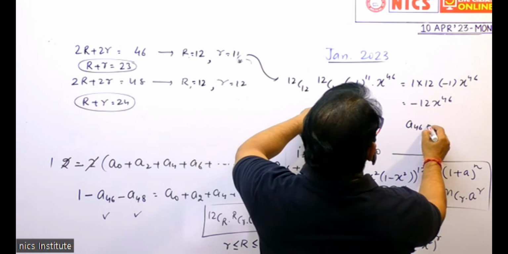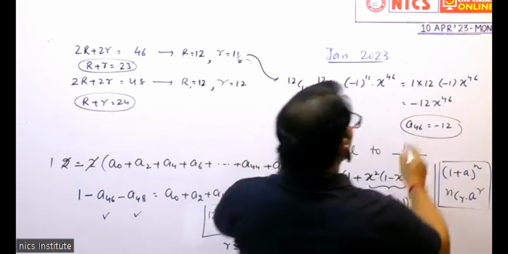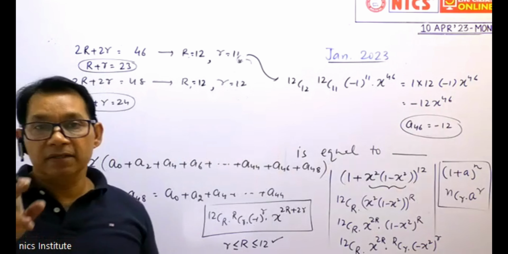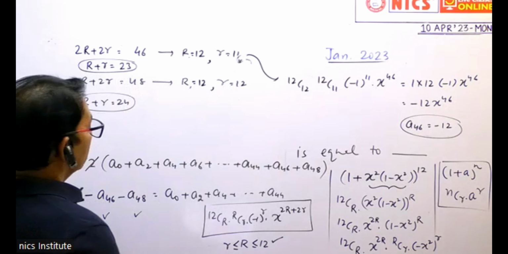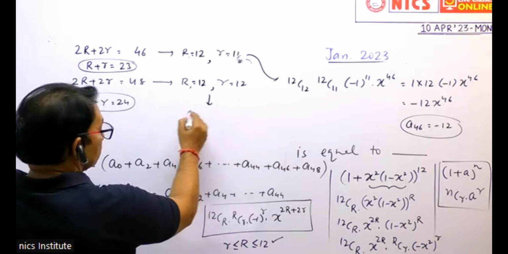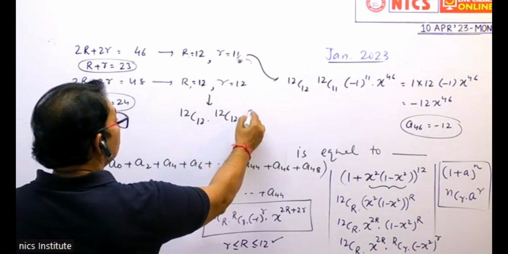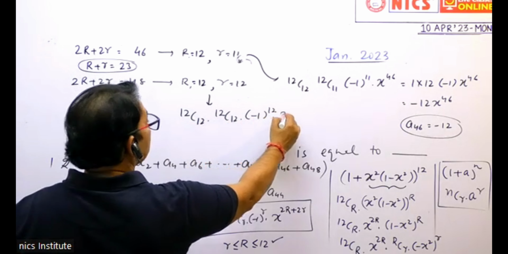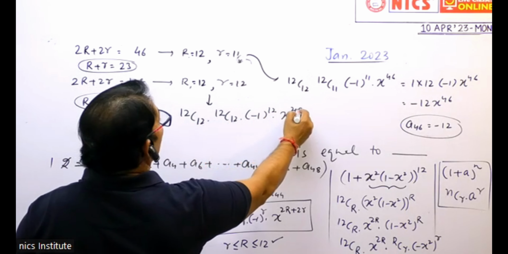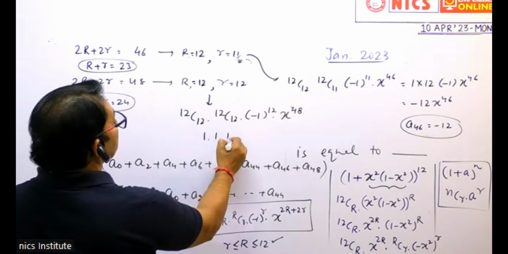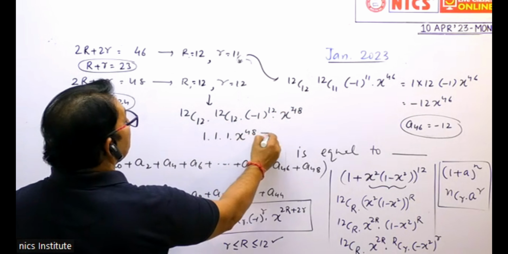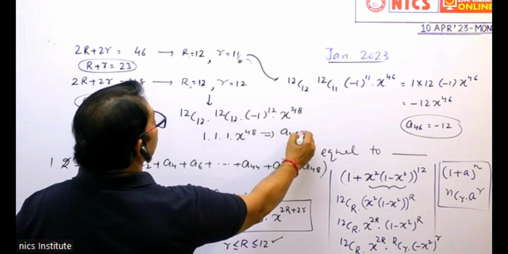That is, A46 is minus 12. Then I substitute these values: 12C12, 12C12, (-1)^12, x^48. This is 1, this is 1, this is 1. That means A48 is 1.